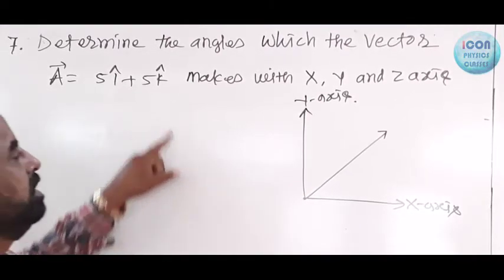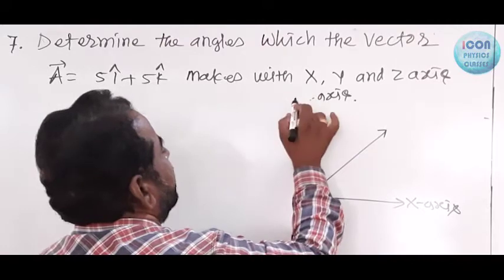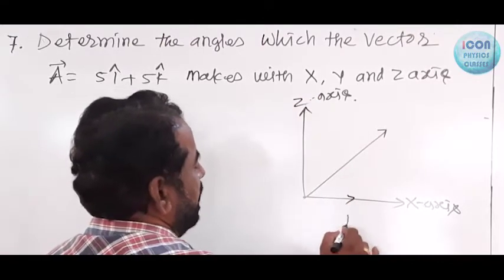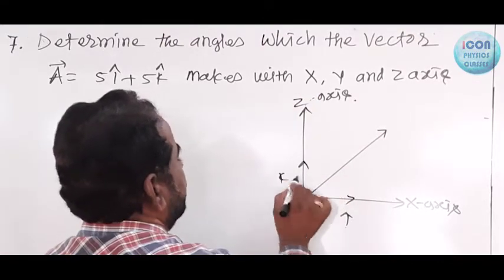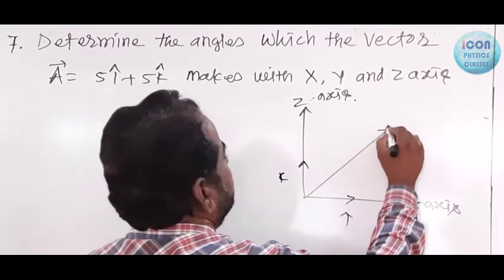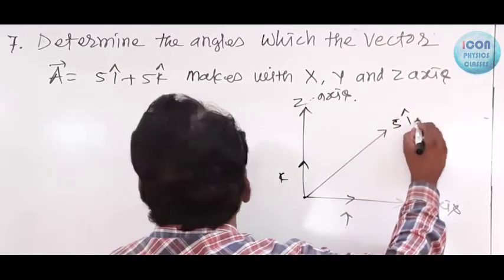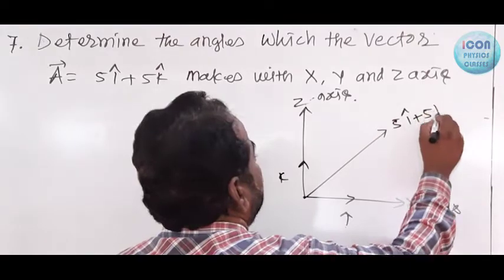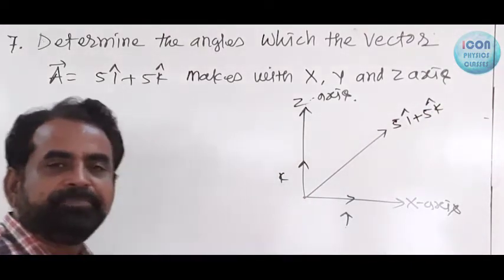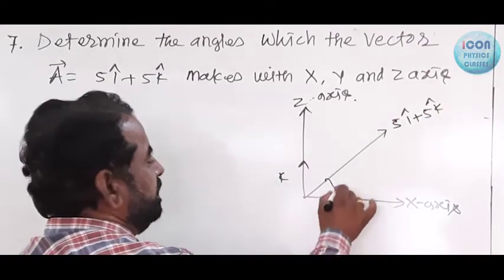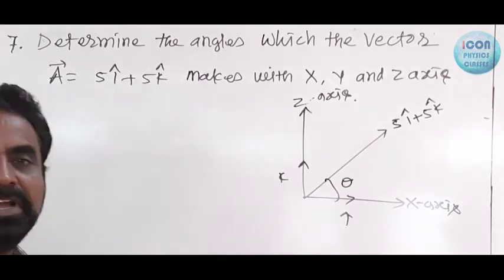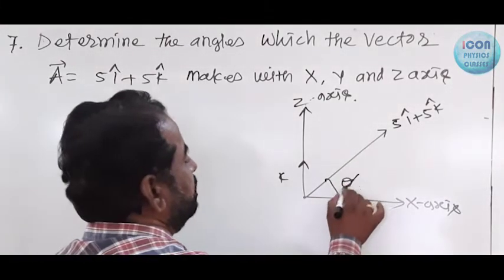You may take x and you may take z axis. So that is i, and here this is k, and this is your vector 5i plus 5k. Okay, it makes an angle theta with the x axis, and we have taken alpha for this angle.